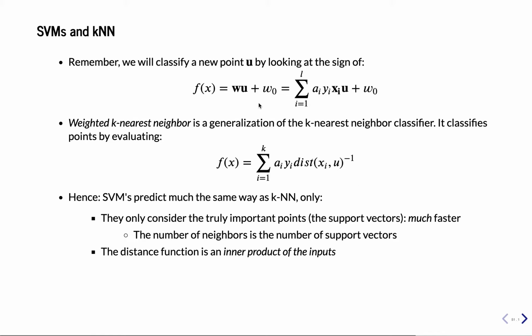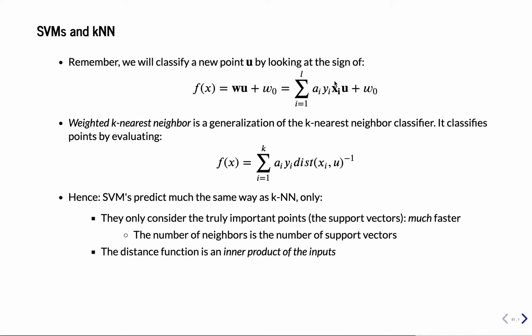Now, if we look at this more closely, and if we substitute w for what it represents, right? So alpha times the class times xi.